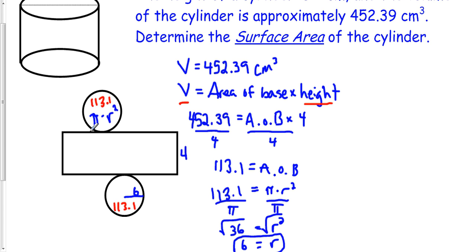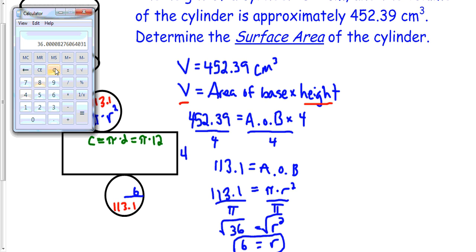If you recall, the width of the lateral area is the circumference, and the circumference is pi times the diameter. Well, if we know the radius is 6, then the diameter would have to be 12, so this would be pi times 12. Since we're using approximate values, we'll type that in our calculator. 12 times pi, and I get 37.699, so 37.7 approximately.